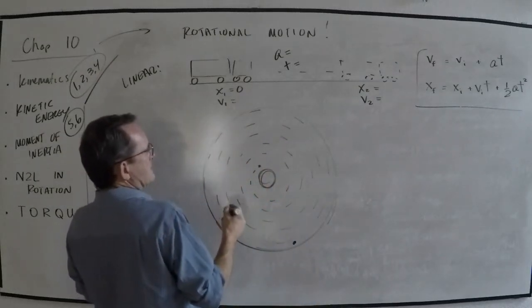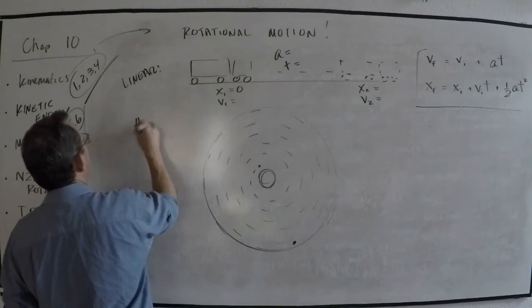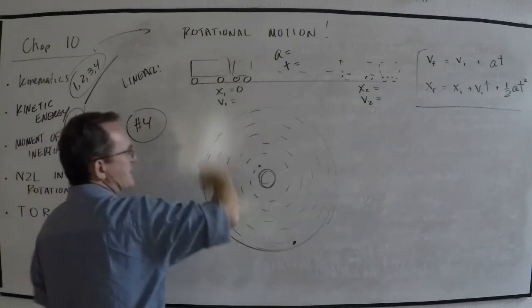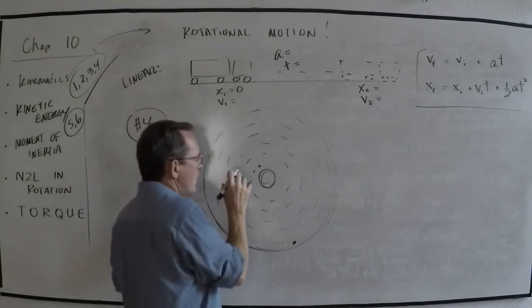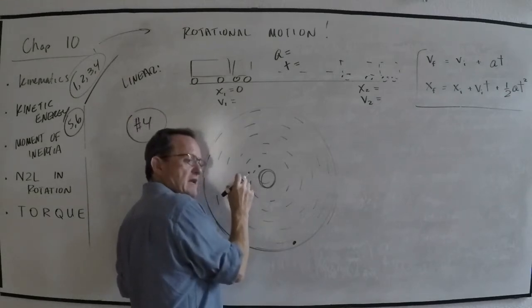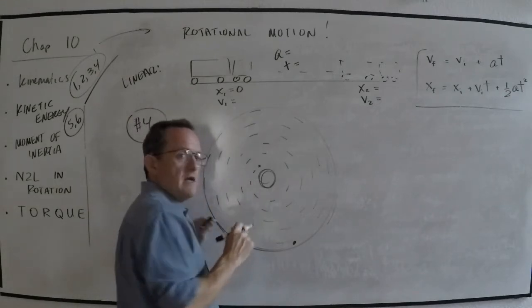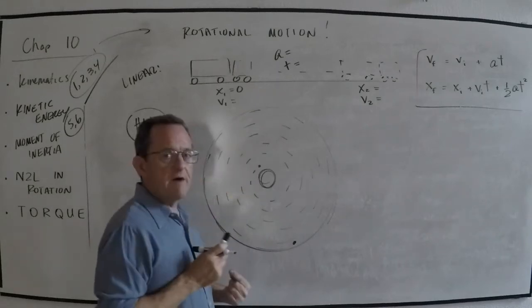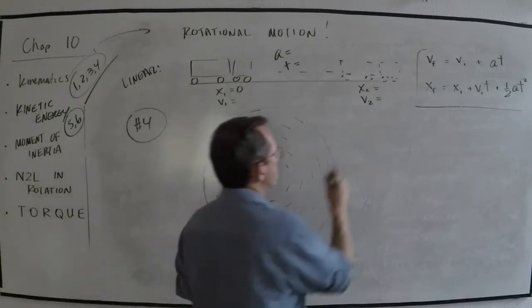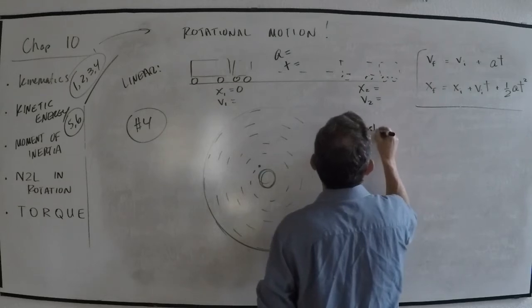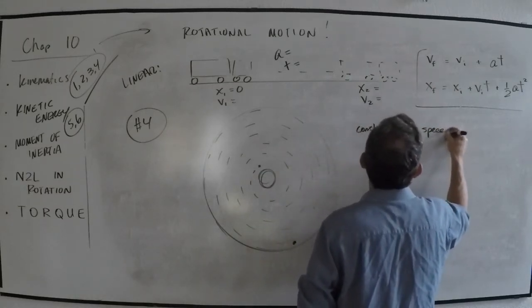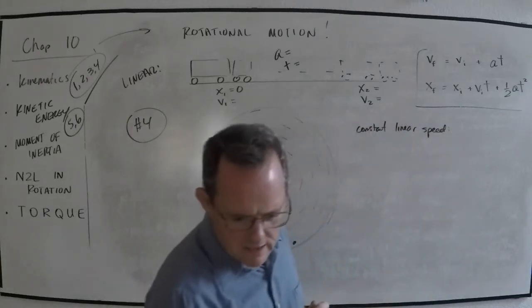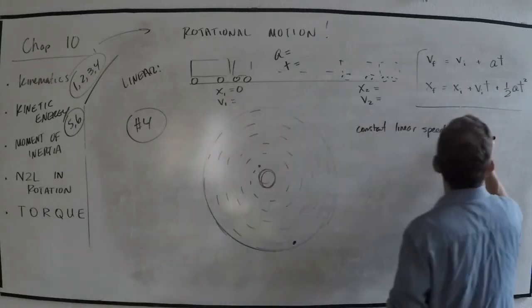And what they tell you is that, this is number 4, the disk is rotating in such a way that the track moves above the lens that's reading it at a constant linear speed. So you have a constant linear speed, and the value they give me is 1.30 meters per second.